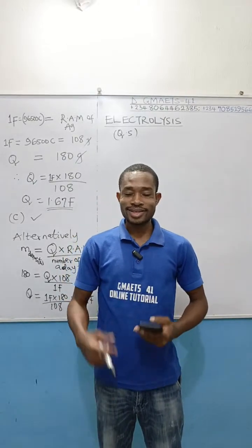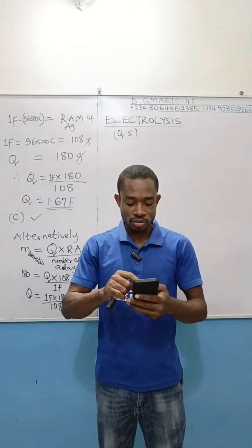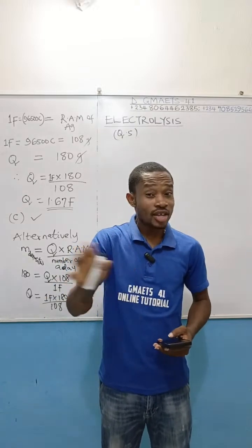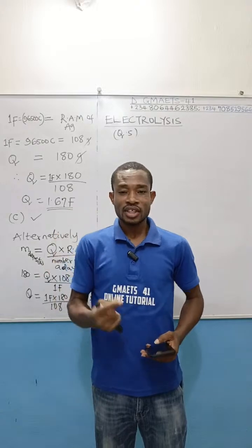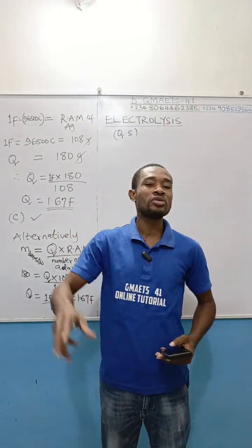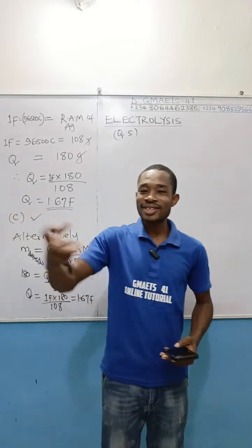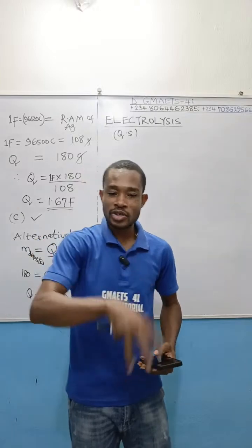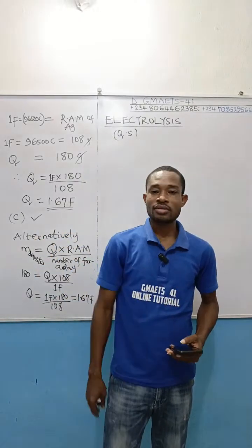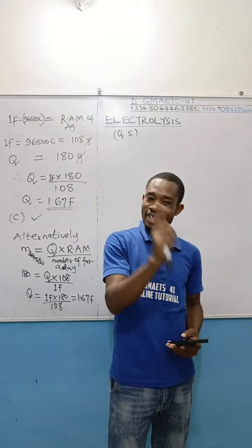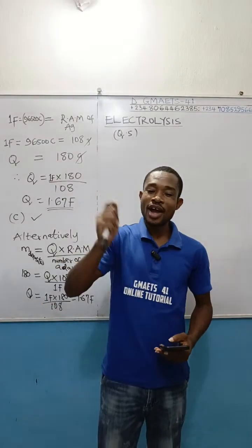I told you that it seems like the use of platinum electrode usually allows gases to be deposited. That's one thing I've observed. Once you're electrolyzing any electrolyte and you're using platinum electrode, that guy seems to allow gases to be deposited on it. Are you following? So I think the correct option will be between option A and B, where we have the gases.